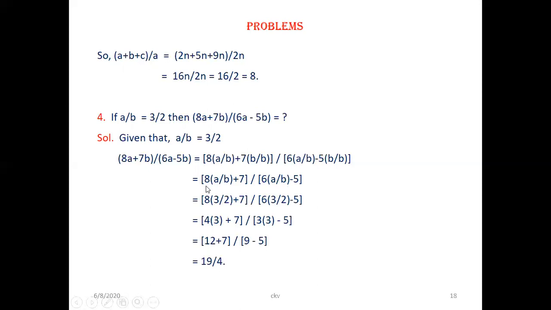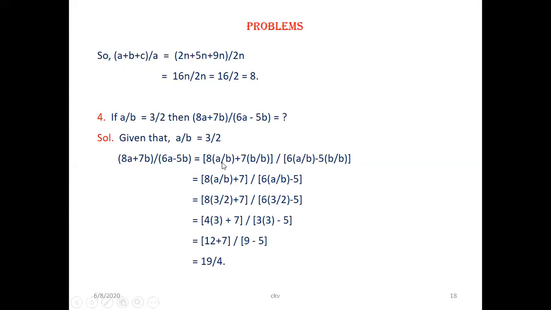So finally you have here 8 into a by b plus 7b by b, b will be cancelled, it becomes 1, so 7, and here also 5b by b becomes 1, 5 into 1 becomes 5. Okay, so finally what you have here is a by b, and because you were given a by b, I did the division with b.